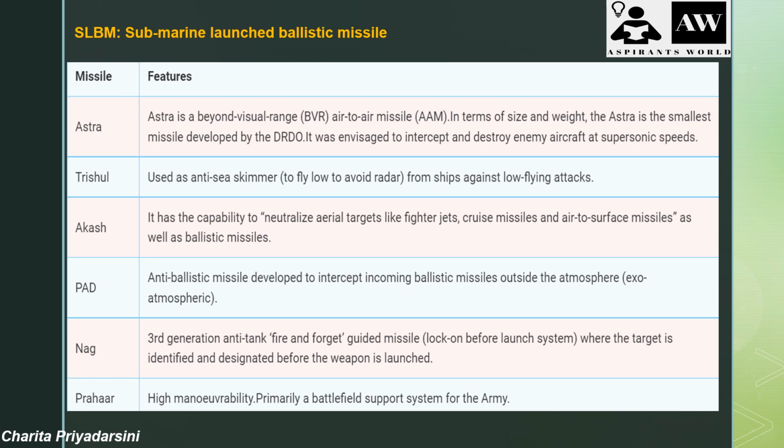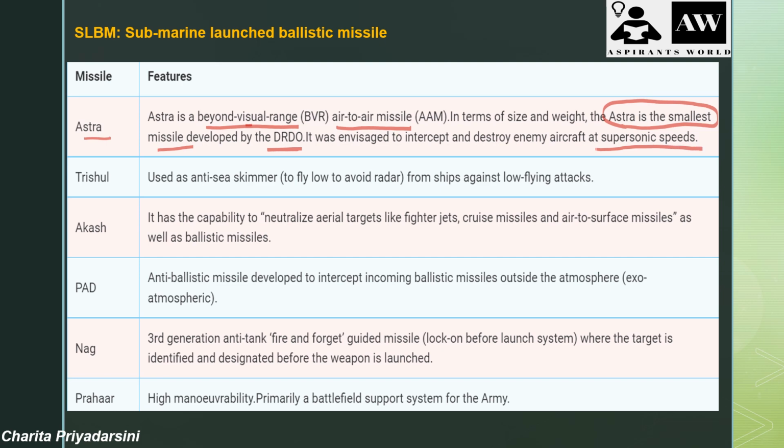First one is Astra. Astra is beyond visual range. This is actually a beyond visual range, air to air missile category, and in terms of size and weight, Astra is the smallest missile developed by the DRDO. It was envisaged to intercept and destroy enemy aircraft at supersonic speeds.